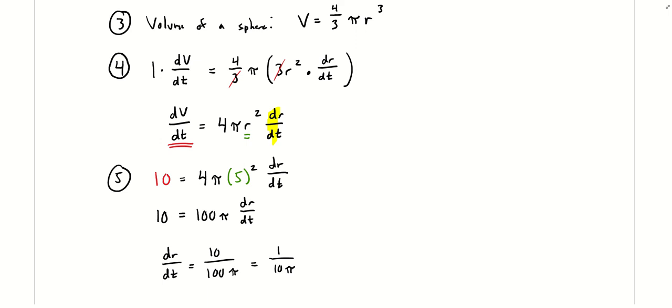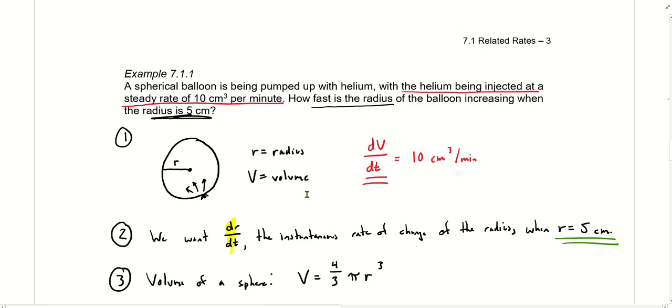So this is the rate of change of the radius. What am I measuring things in? So volume is centimeters cubed because it's a volume. The units for volume here is the units cubed. The units are centimeters. When we think about the radius, it's just like a line, right? It's that distance from the center of the sphere to the edge.